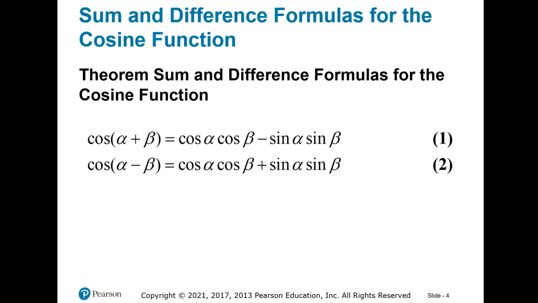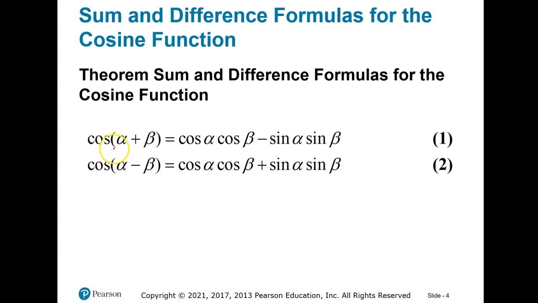Alright, when we are dealing with the sum or difference of a cosine function, I want you to pay particular attention to this. You're not going to have access to this on your midterm or your final. You need to know this. So if you look, cosine of the sum or difference, meaning we're adding or subtracting two different angles inside the cosine function. But what I want you to see here is we are multiplying the cosine of the two angles together, multiplying the sine of the two angles together, and then either adding or subtracting those.